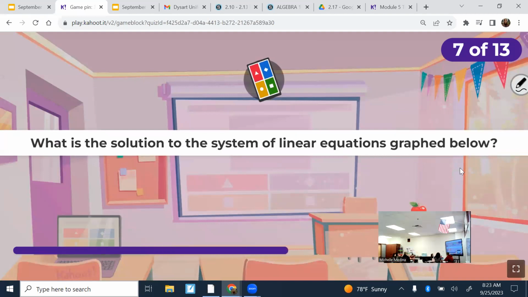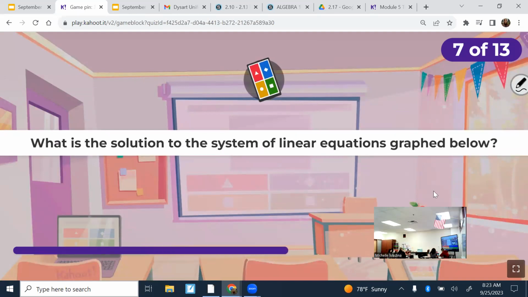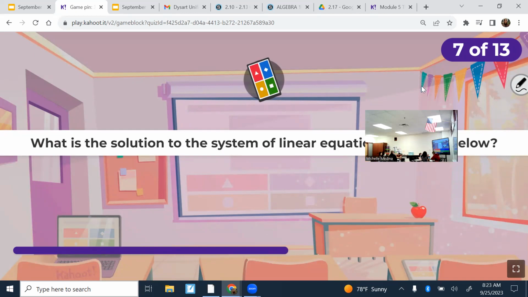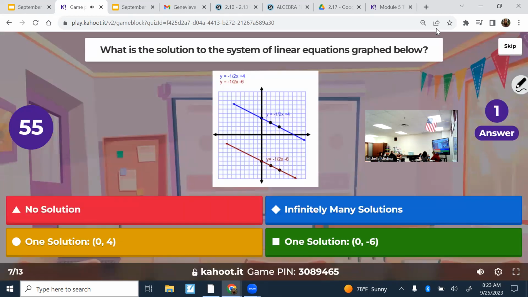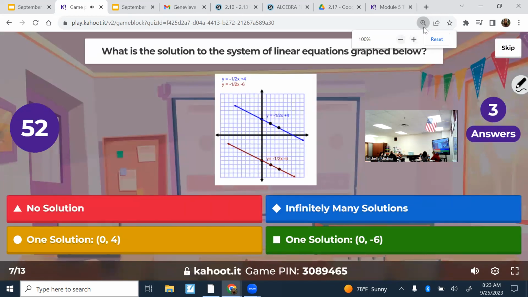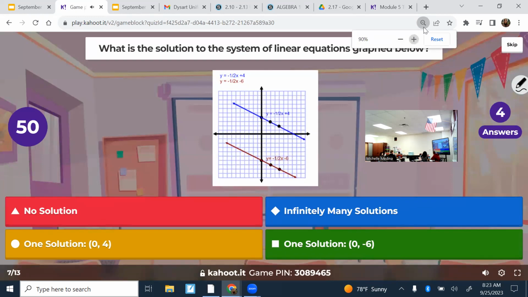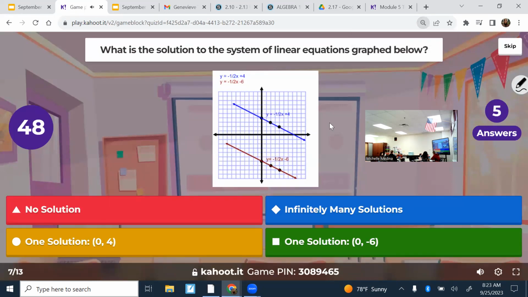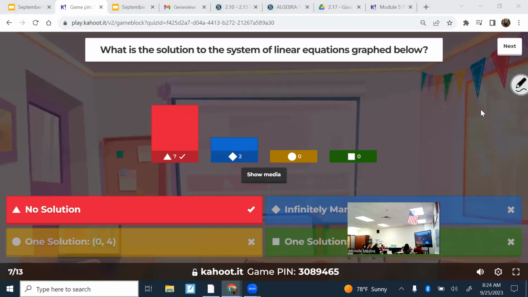All right. So what's the solution to the system of linear equations graphed below? All right, that's as big as it'll go. What is the solution? Since they provided you the graph, you really shouldn't have to do any scratch work.